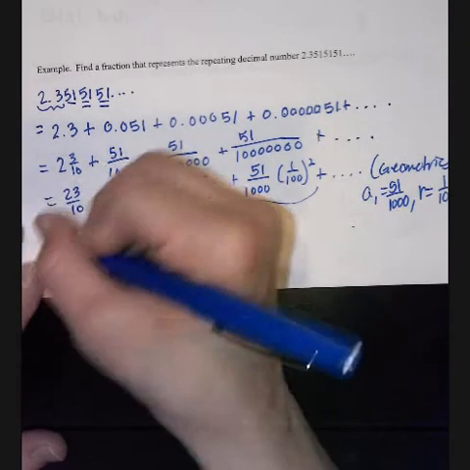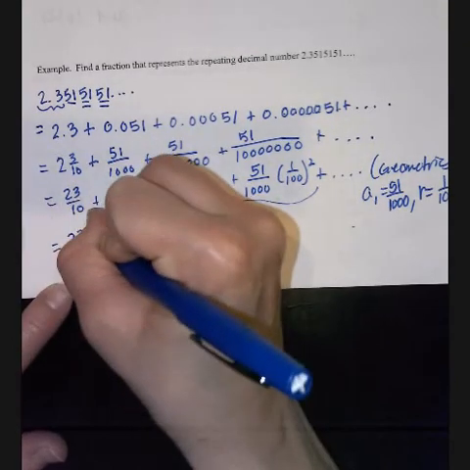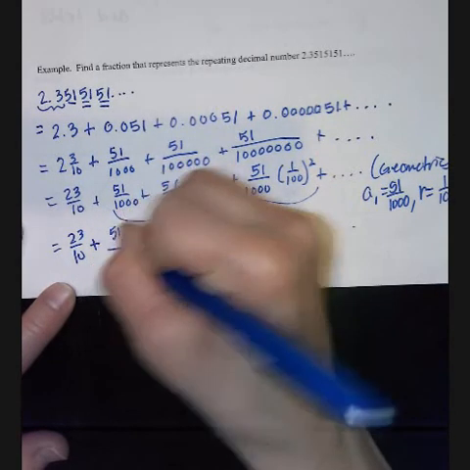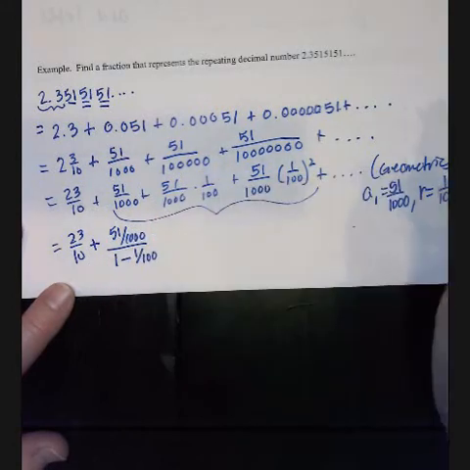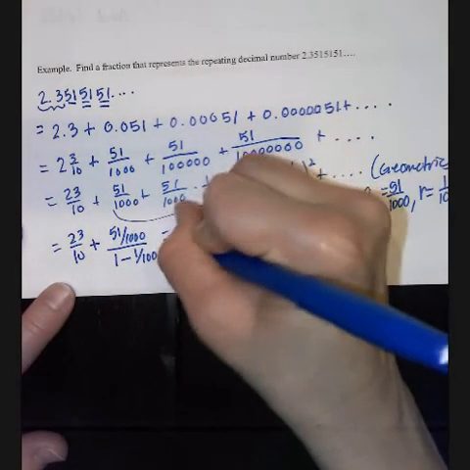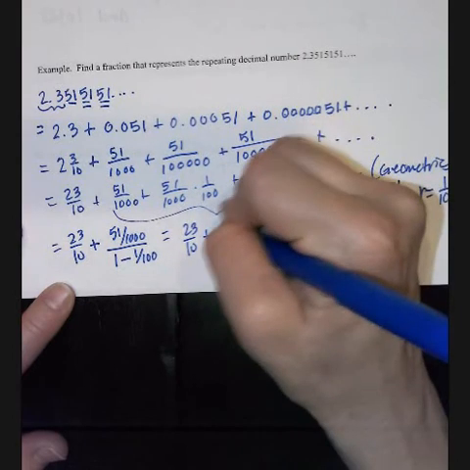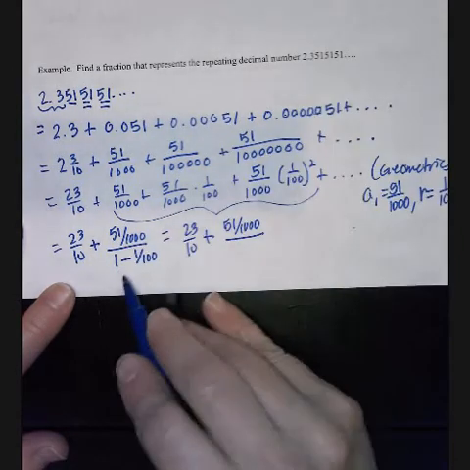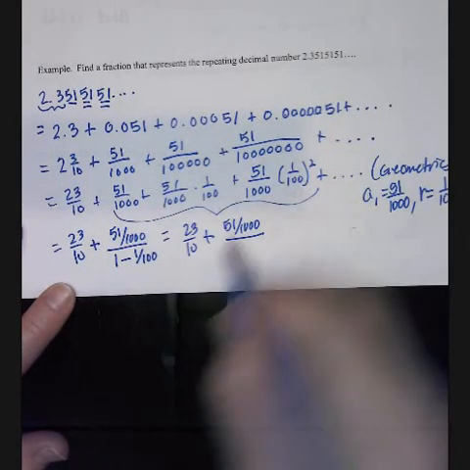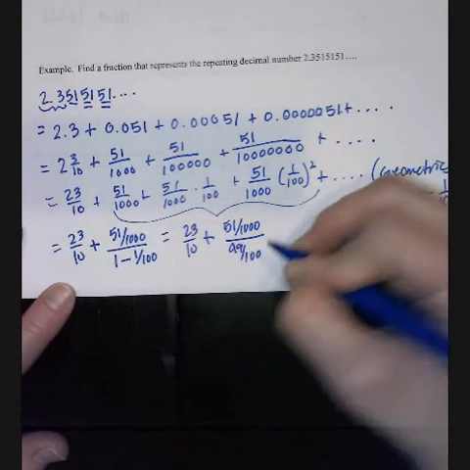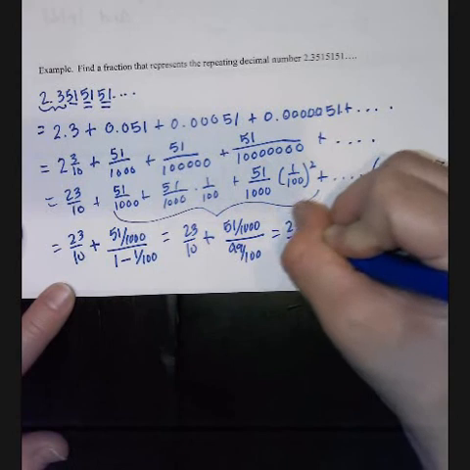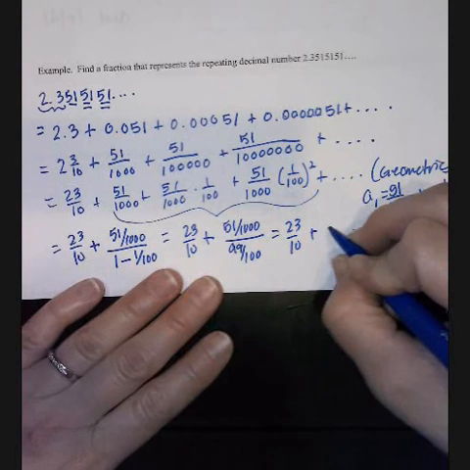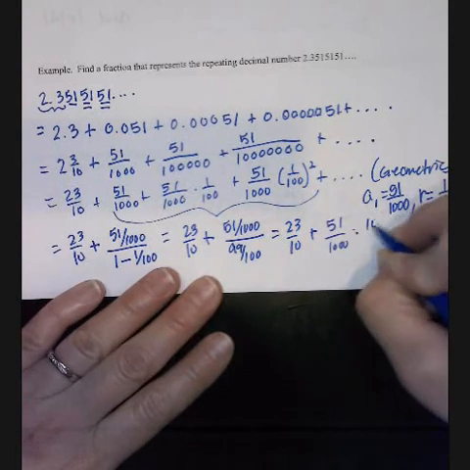So this is 23 over 10 plus a sub 1, 51 over 1,000, over 1 minus 1 over 100. So 23 tenths plus 51 over 1,000 over, so this would be 100 over 100, 99 over 100. So 23 tenths plus, let's see, let's do this, 51 over 1,000 times 100 over 99.